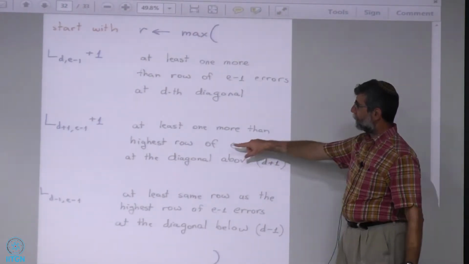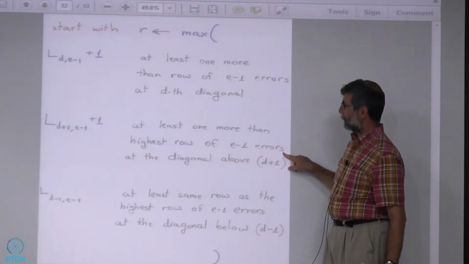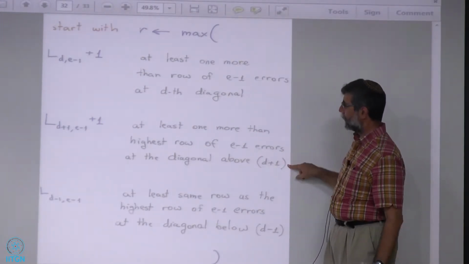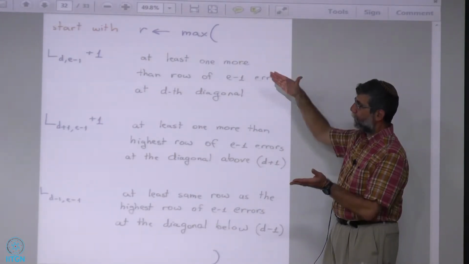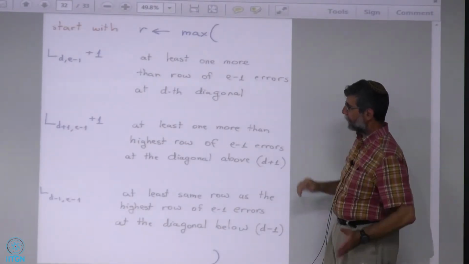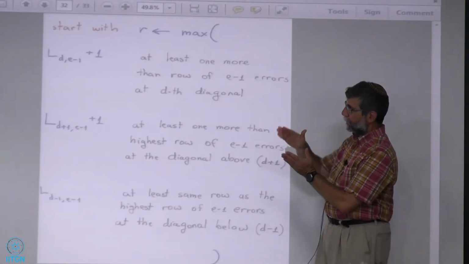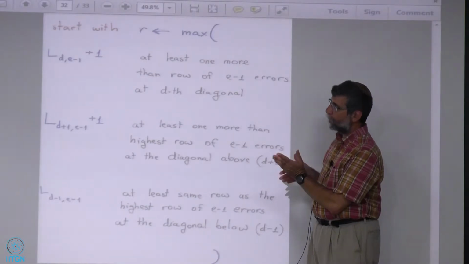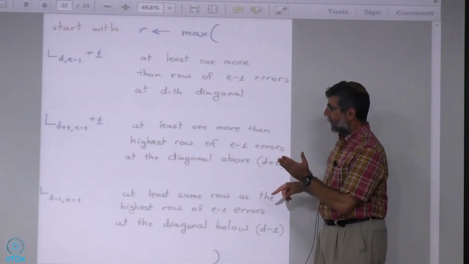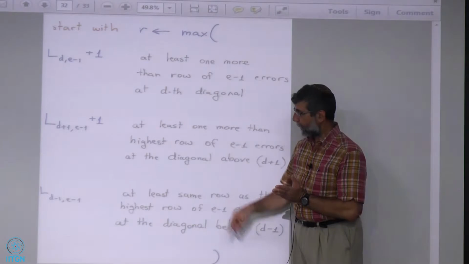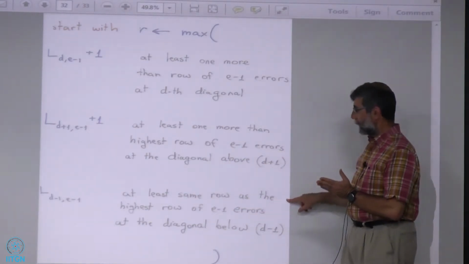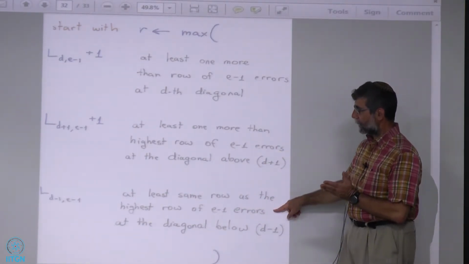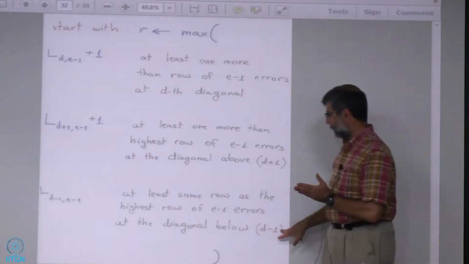And then you get at least one more than the highest row of E minus 1 errors of the diagonal above, which is D plus 1, is the diagonal above me. So we're now in diagonal DE. So go to the diagonal above, see how much you inherit from it, and add 1, because that's what you inherit from it. And then at least the same row as the highest row of the E minus 1 at the diagonal below.